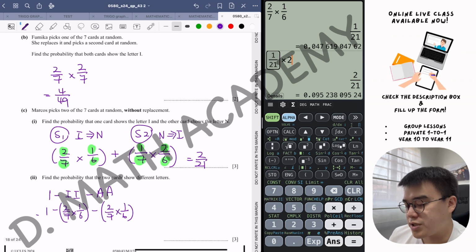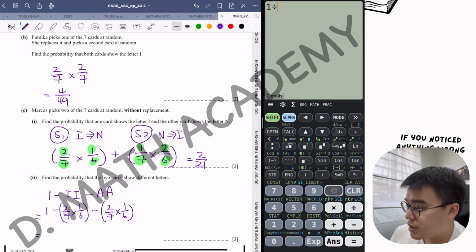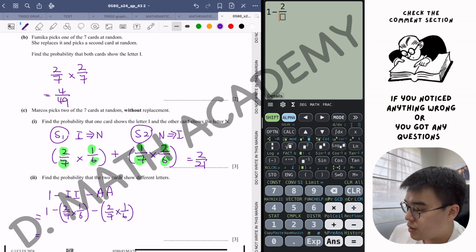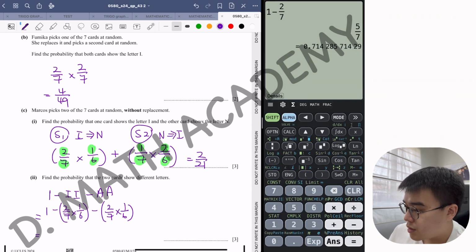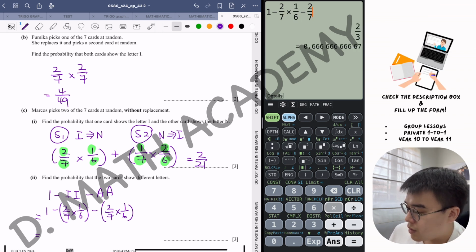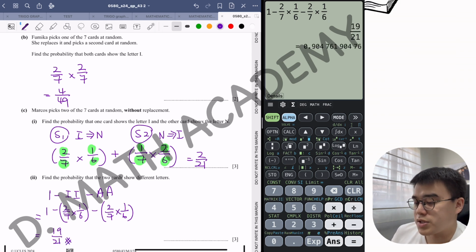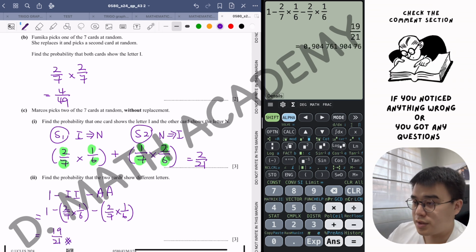There's no special scenario for this. Just take 1 minus it accordingly. You will get 19 over 21 as your final answer here.